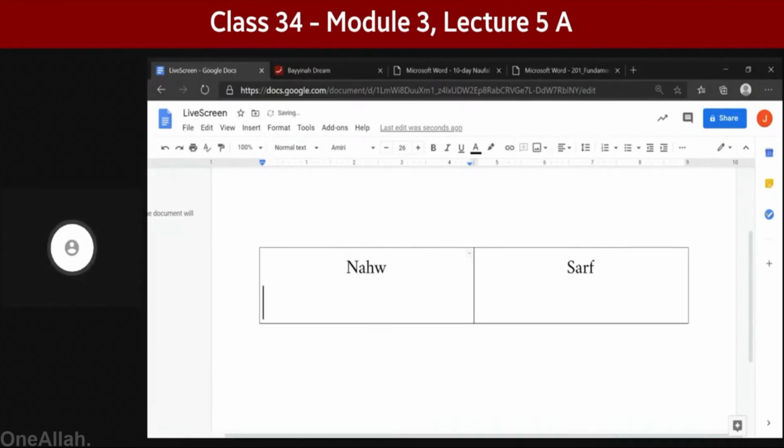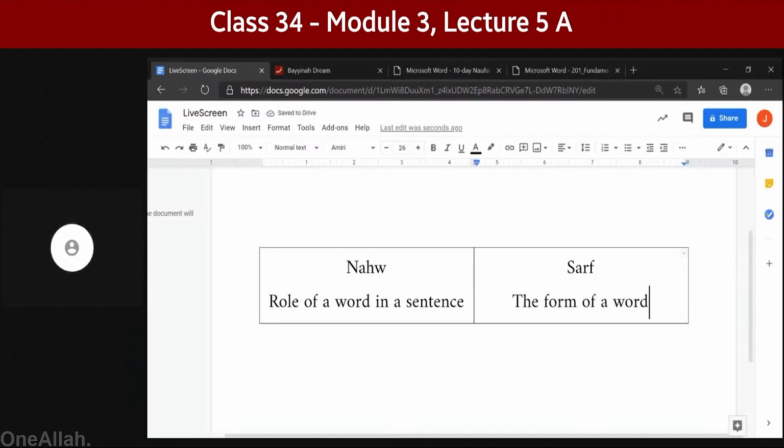Nahu vocabulary is geared towards the role of a word in a sentence. That's what Nahu vocabulary tells you. The role of a word in a sentence. Sarf vocabulary tells you the form of a word.